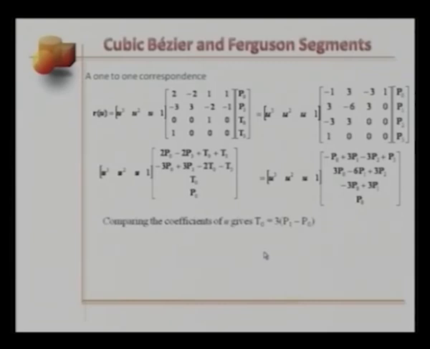And if we now compare the coefficients of u, we will get the first condition as the slope t0 is equal to 3 times p1 minus p0. These are the first two design points corresponding to the Bezier segment.